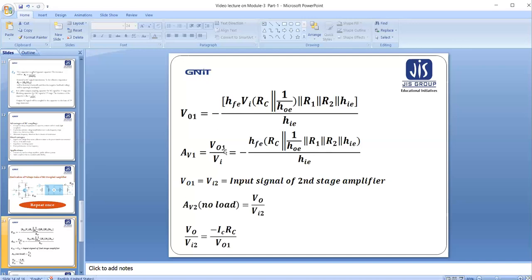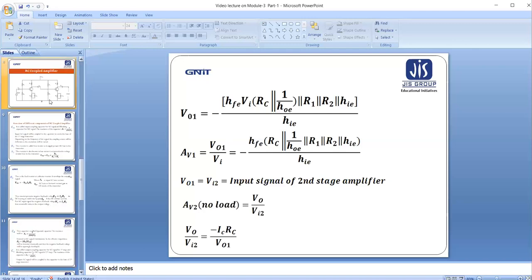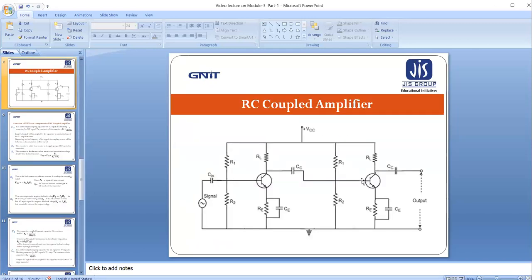Now this V01 will act as the input signal for the second stage. That's why I have written V01 equals Vi2. AV2 means the second stage voltage gain. Remember, in the second stage, when we are not considering the first stage, just only the second stage voltage gain AV2 at no load.